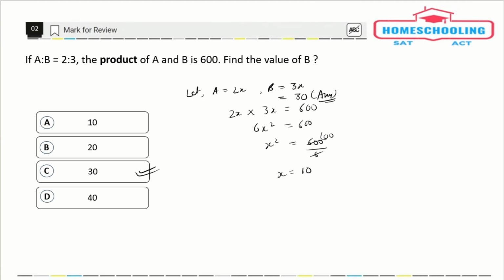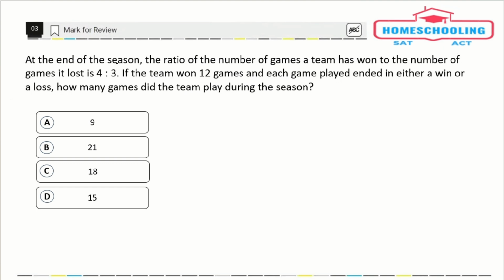Now moving to the next question. At the end of the season, the ratio of the number of games a team has won to the number of games it lost is 4 is to 3. So the winning and losing ratio is 4 is to 3.